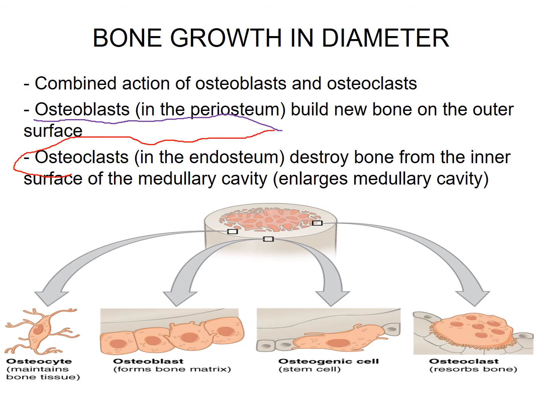So those osteoclasts in the endosteum take over and start chewing and breaking down the bone, and that gives us more space on the inside. So both osteoblasts and osteoclasts are active during bone growth in the diameter. So we're making the bone taller through the growth plates, we're making it wider through the osteoblasts and osteoclasts.